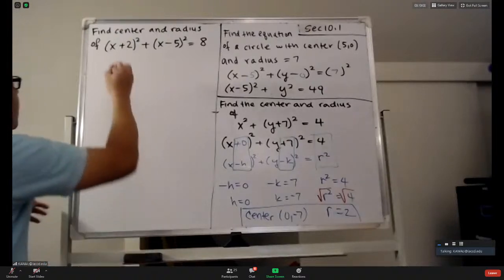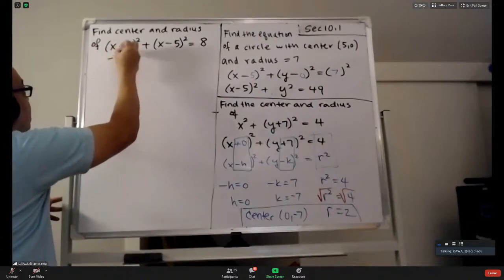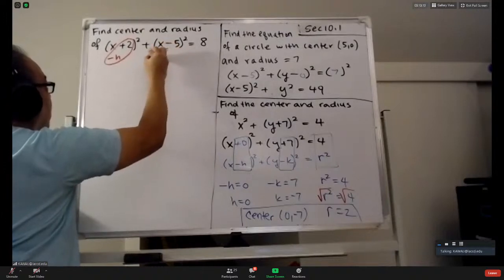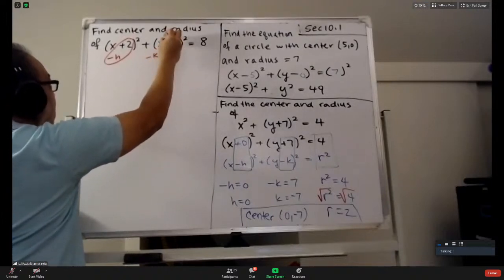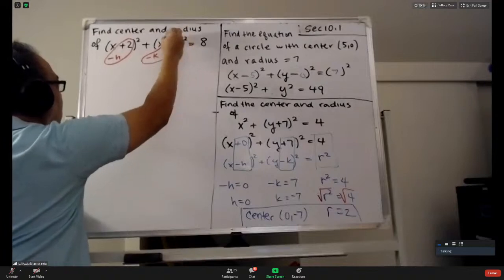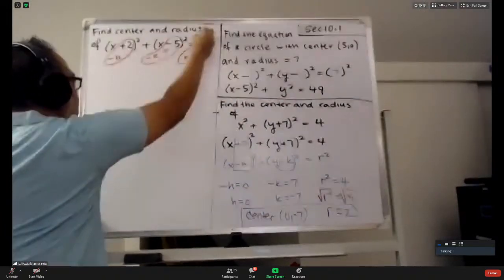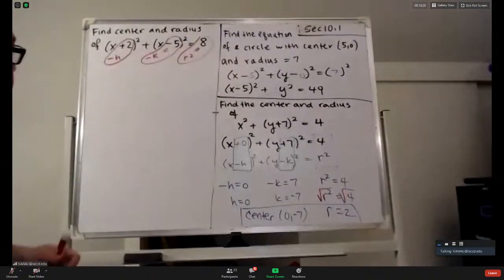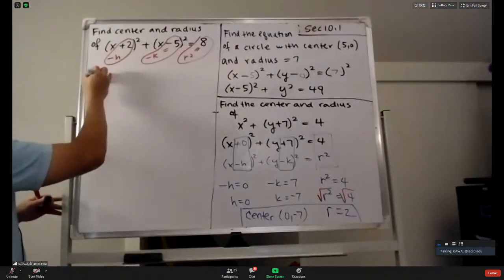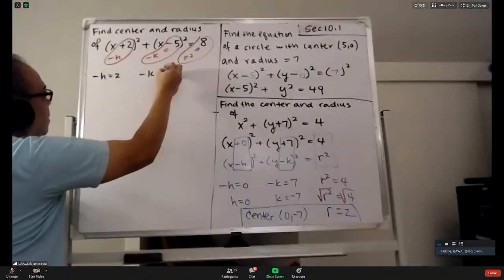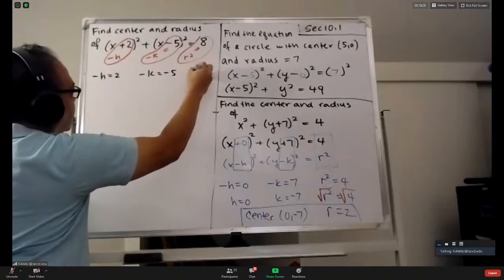So remember that this right here is equal to minus h. This right here is equal to minus k. And this right here is equal to r squared. Okay. So you have minus h is equal to 2, minus k is equal to minus 5, and r squared is equal to 8.